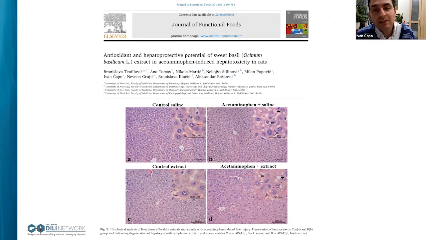We can see something morphologically, that something has changed, but sometimes it can be just a small overview in standard histological staining like hematoxylin eosin, where we can show that in a control group there are no changes, in a group with, for example, hepatotoxins, we have changes, and if we add something, the changes are not so intense.